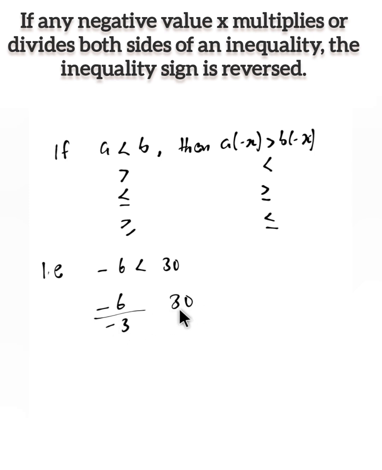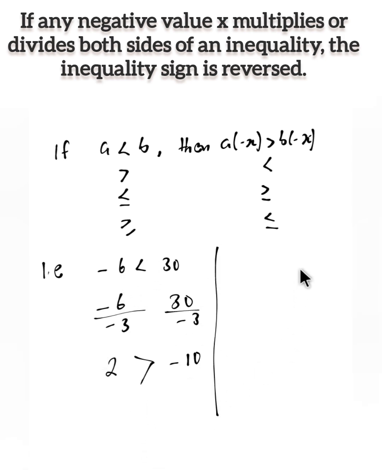Minus 6 divided by minus 3 is 2. And 30 divided by minus 3 is minus 10. Now, will this less than still hold? Is 2 less than minus 10? No, instead 2 is greater than minus 10. So the sign will change.